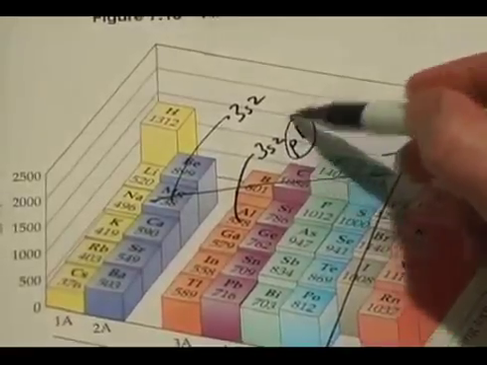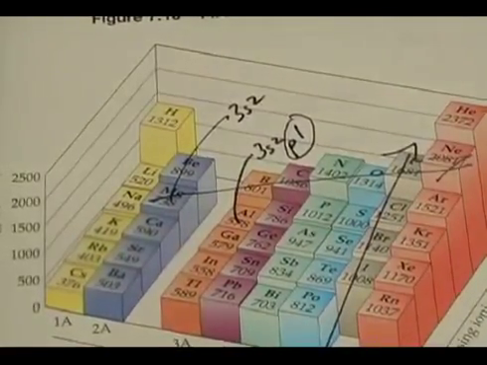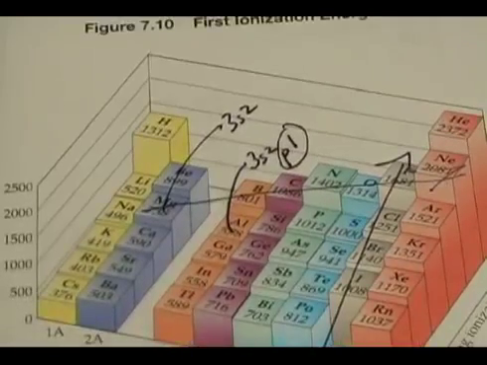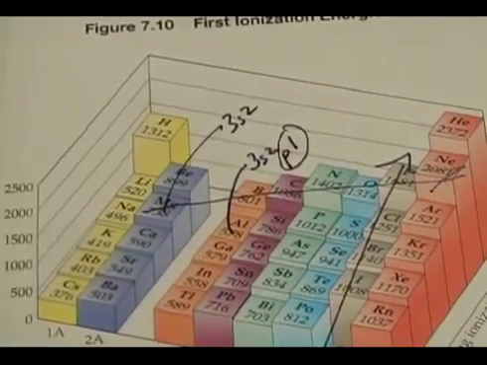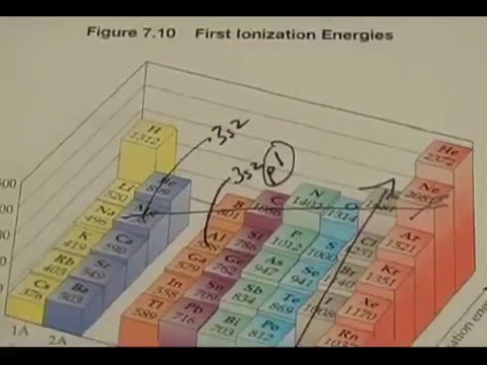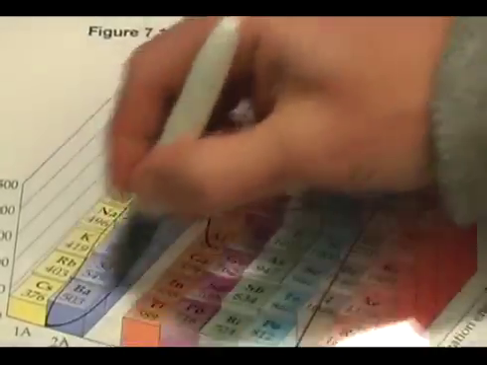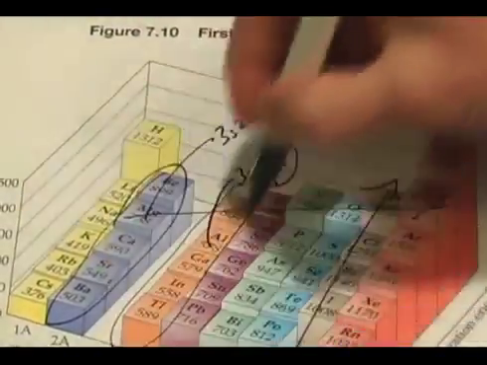Notice its outermost electron is in the highest energy state, in the p orbital, and it's easier to remove that one. So the first common anomaly occurs between group 2A and group 3A.